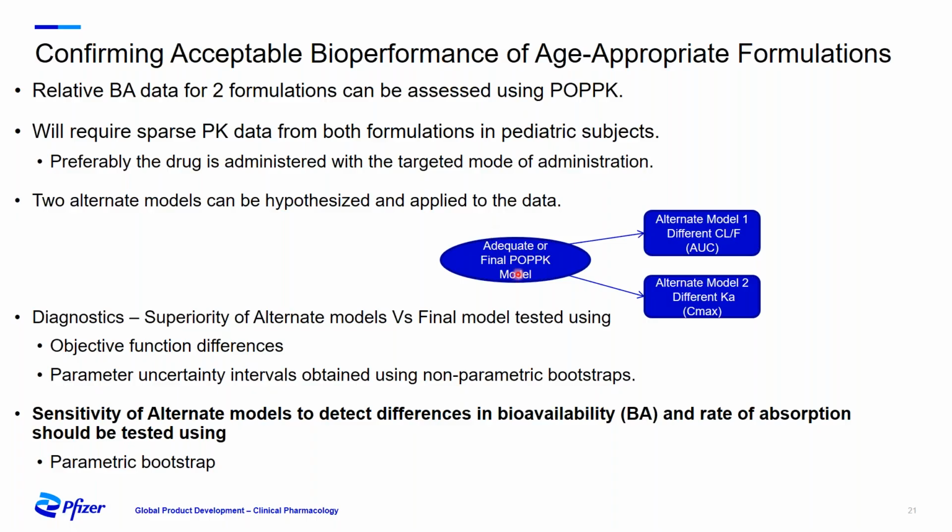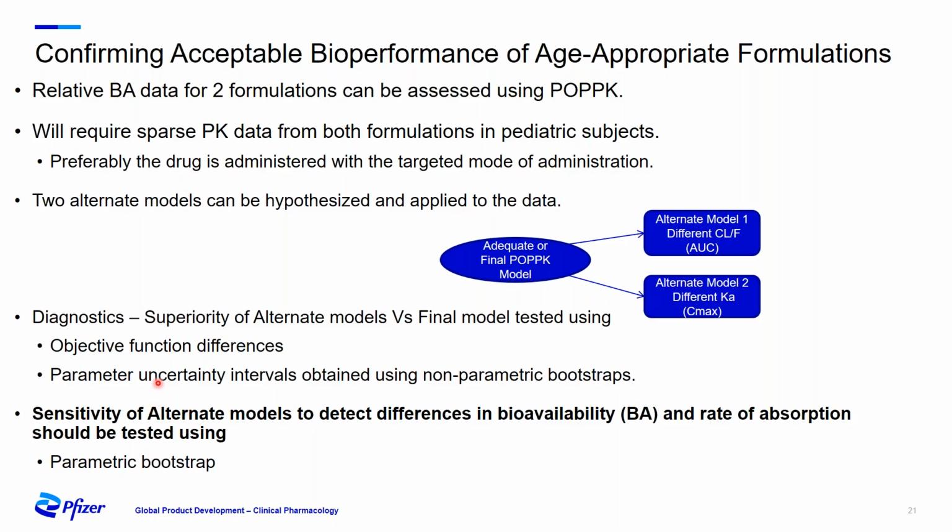Now you can test the superiority of alternate model 1 and alternate model 2 against the reference model using very standard pharmacometric principles. Objective function is a statistical test to say whether a model is better at describing the data over the other. So you can test the objective function of model 1 and model 2 versus the reference model and see whether it allows you to conclude that either of the alternate models is superior to the reference model.